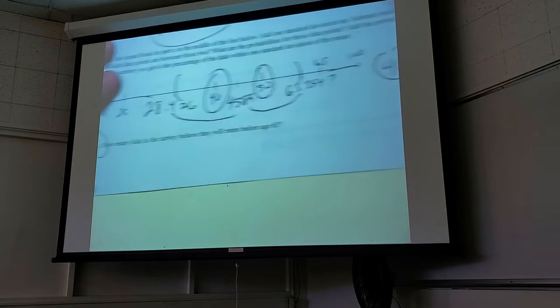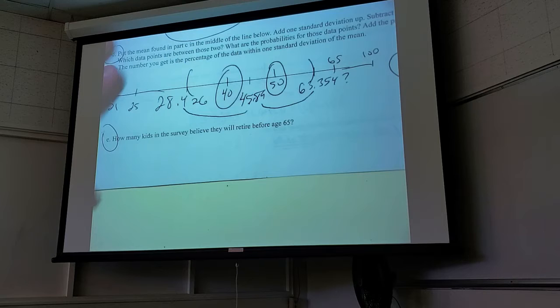So what about, don't say anything. Think about this. How are you going to figure out how many kids believe they'll retire before 65? Answer this question. How many total kids were there in this survey? Do you know? 1,200. How does she know that?